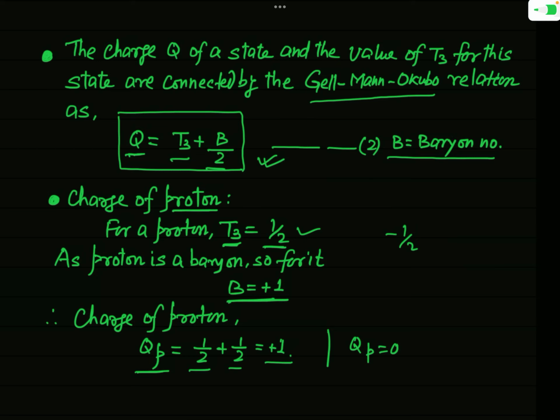If you take the charge of a proton as 0, then you will see that the charge of a neutron will be plus 1. It is just a convention that we consider the charged state of the nucleon to be the proton and the uncharged state to be the neutron. This is just a convention.